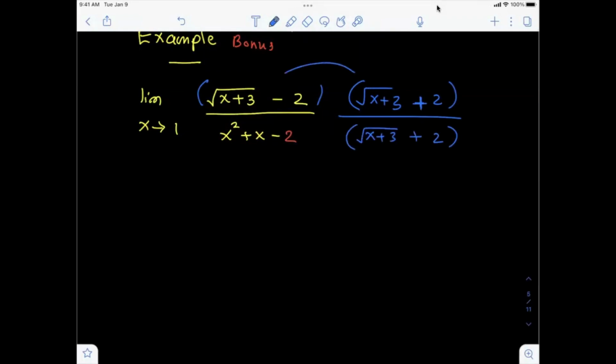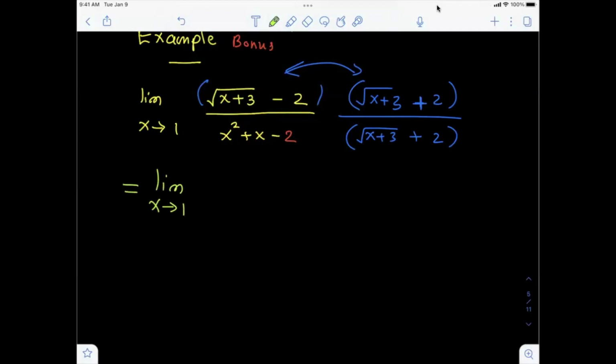Now we know where to perform the simplification and where not to perform the simplification. So do it. Do the simplification and then let's see where we go from that. Now at the top, when you simplify it, what you get is the difference of squares.